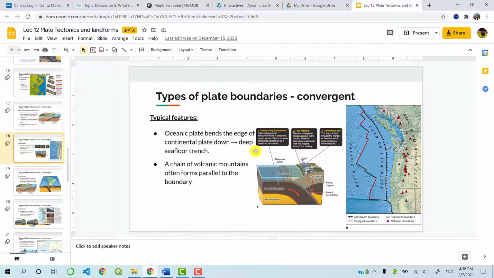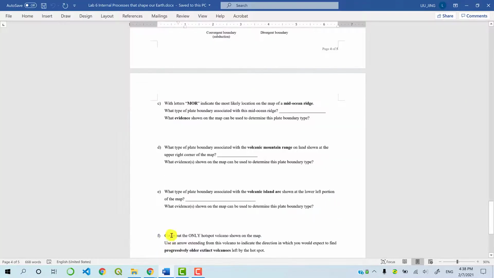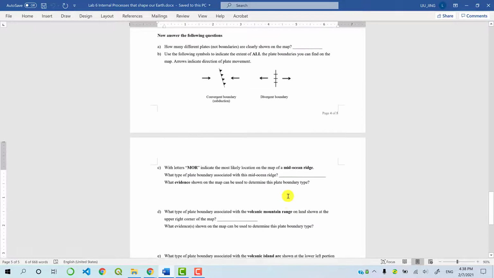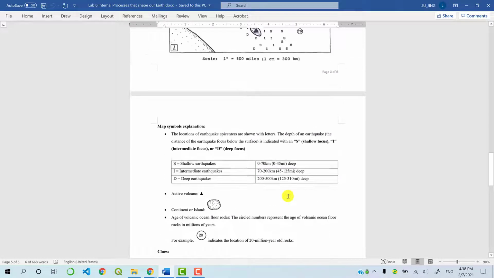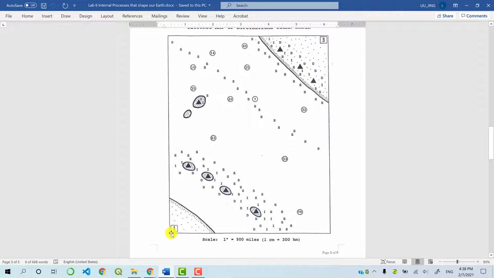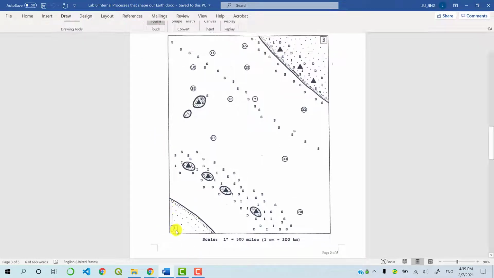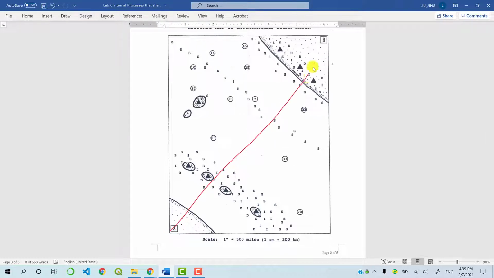Study this cross section, because the last question I want you to draw an approximate cross section from A to B. So you're going to draw a line. Let me draw a line from here to B. From the top you just see the land and the ocean.